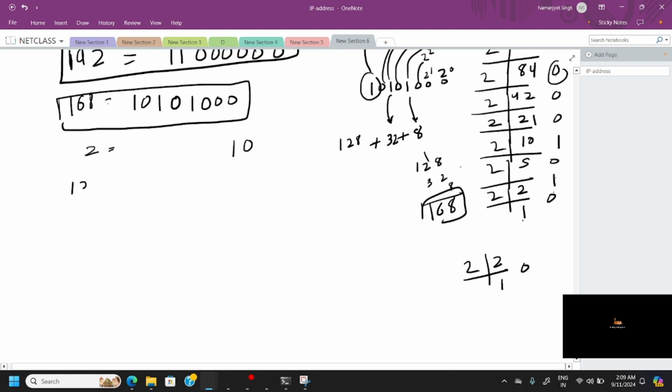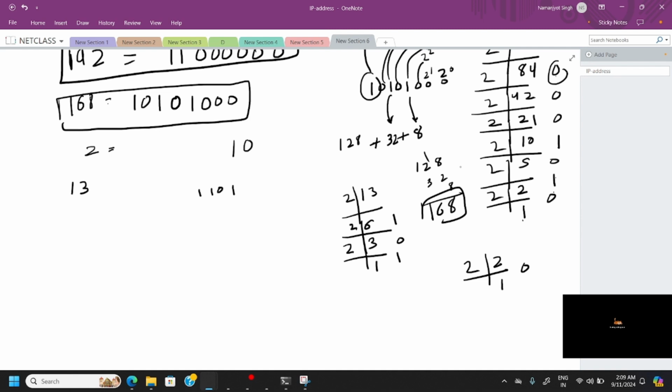And when you are representing 13, again we will take 13. 2 6s are 12, remainder bit is 1, because 12 minus 13 is 1. 2 3s are 6, remainder bit is 0. 2 1s are 2, the remainder bit is 1. So 1101, which is 8, 4, 1, that is 13.